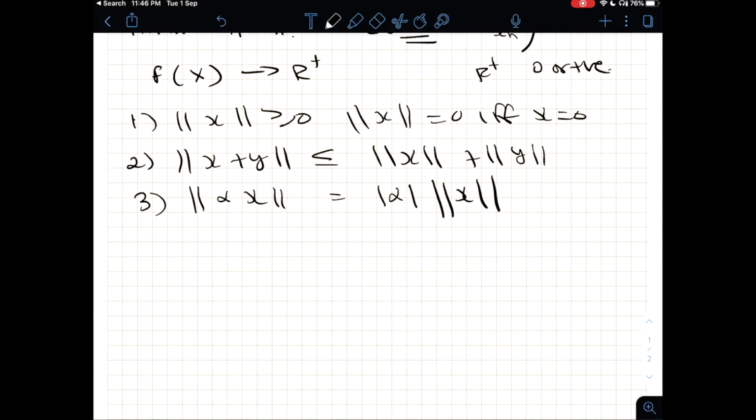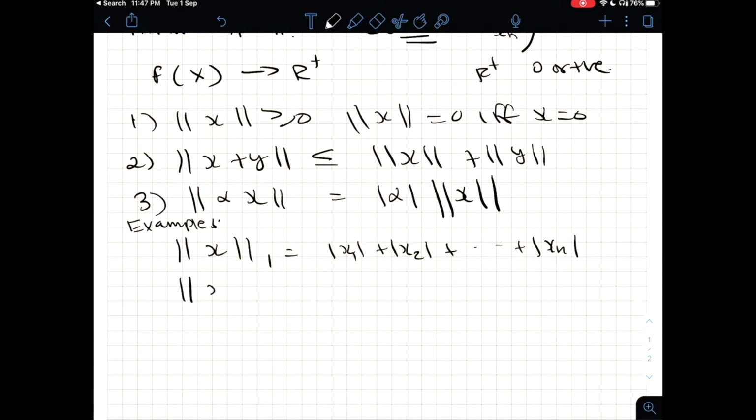It's a measure of distance. Now, I had three examples that I discussed here as illustrations. One norm, which is the sum of the magnitudes of the coordinates of x. This is also called the taxicab distance.